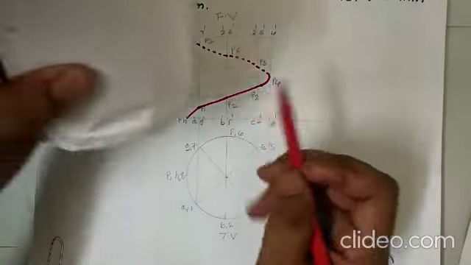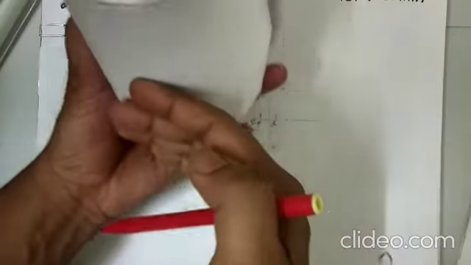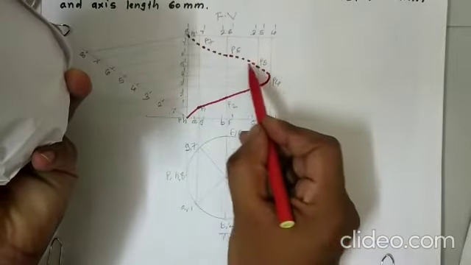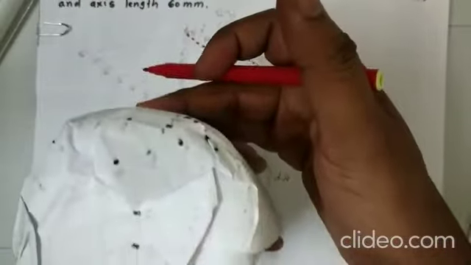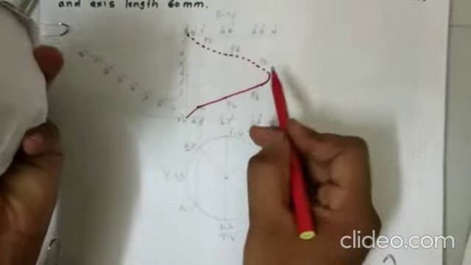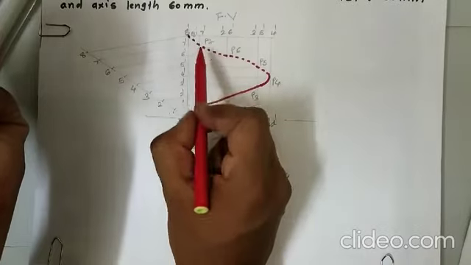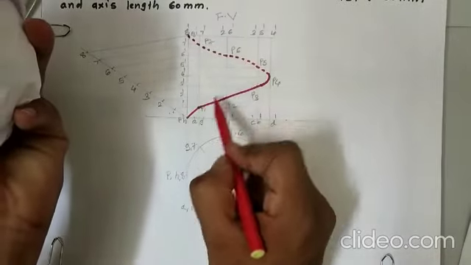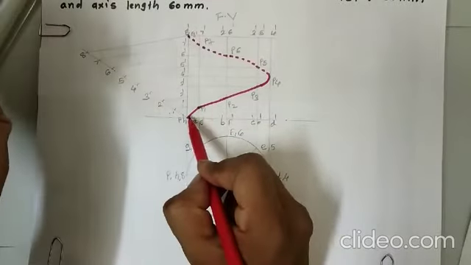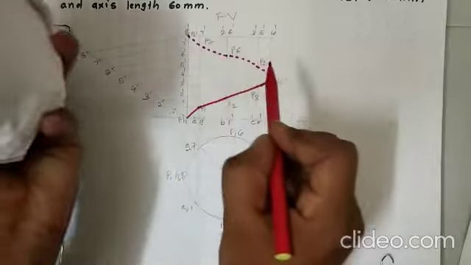If you observe, P1, P2, P3, P4 will appear on the front side, and P5, P6, P7, P8 will appear on the back side of the cylinder. So that's why I have shown the hidden line. A hidden object is shown by using a dashed line.